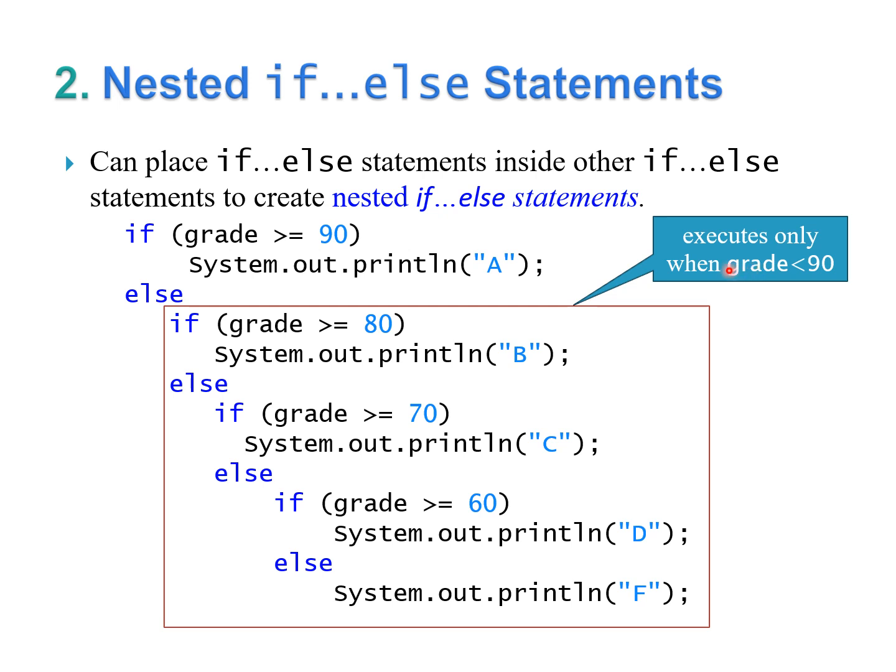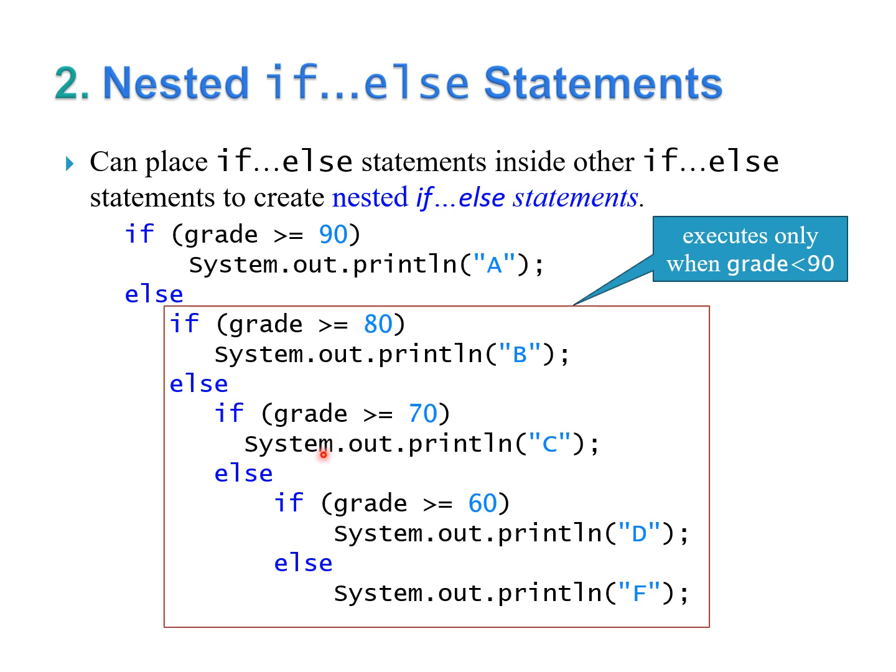The condition of the second if-else statement is grade larger than or equal to 80. And its yes statement is to print out the letter grade B. So letter B is printed out only when grade is less than 90 and larger than or equal to 80.